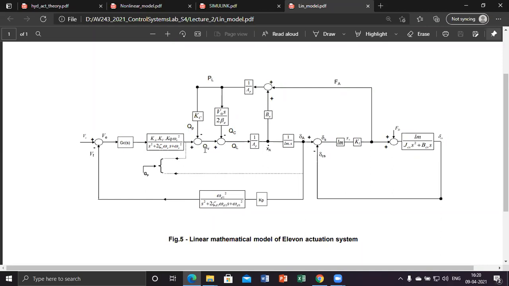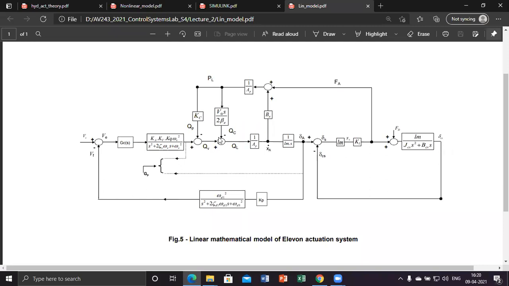And delta QV has two portions. One is Kq into delta XV portion. That is this out. In Kq you can see directly here Kq. And the remaining elements, Ka, Kv, omega V square over s square plus 2 zeta omega V s plus omega V square, into this input, will give the XV portion. So XV into Kq, minus Kc into PL, provides QV.